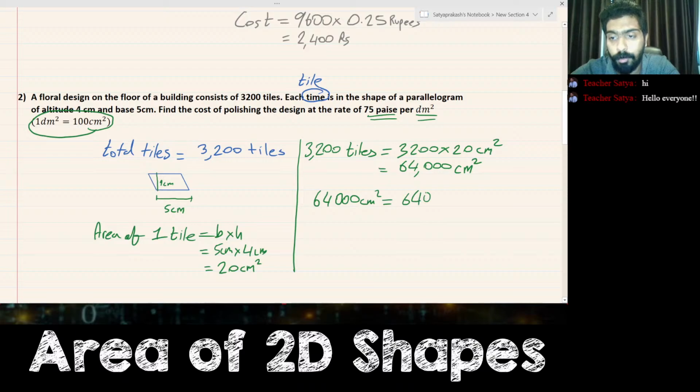So 64,000 divided by 100 gives us 640 dm square. Does that make sense, guys? Since the cost is given in dm square, we have to convert the units to also be in dm square. Now let's take it to the next step.